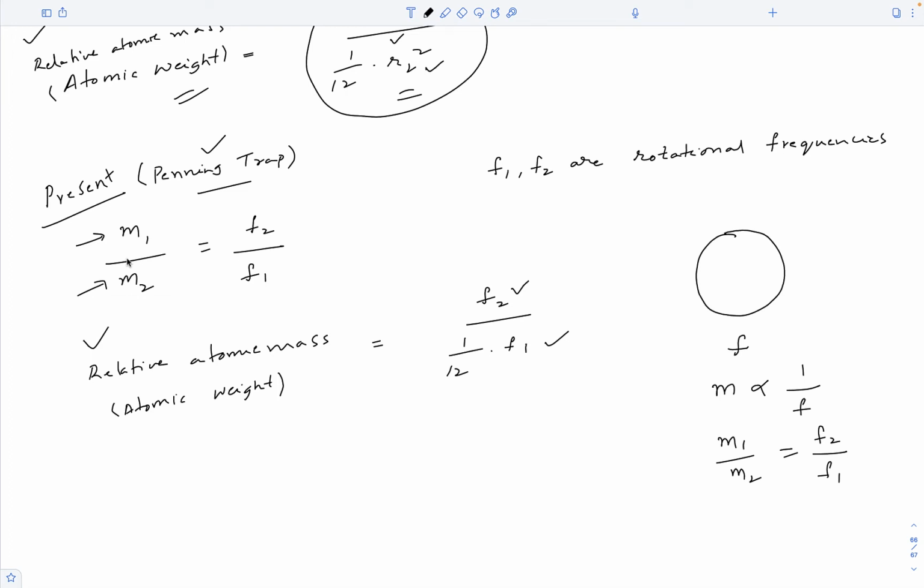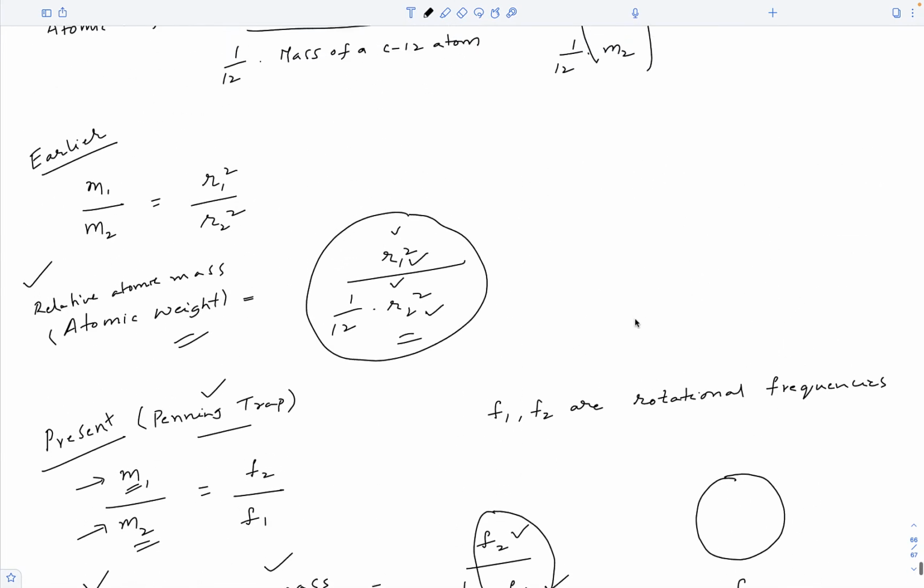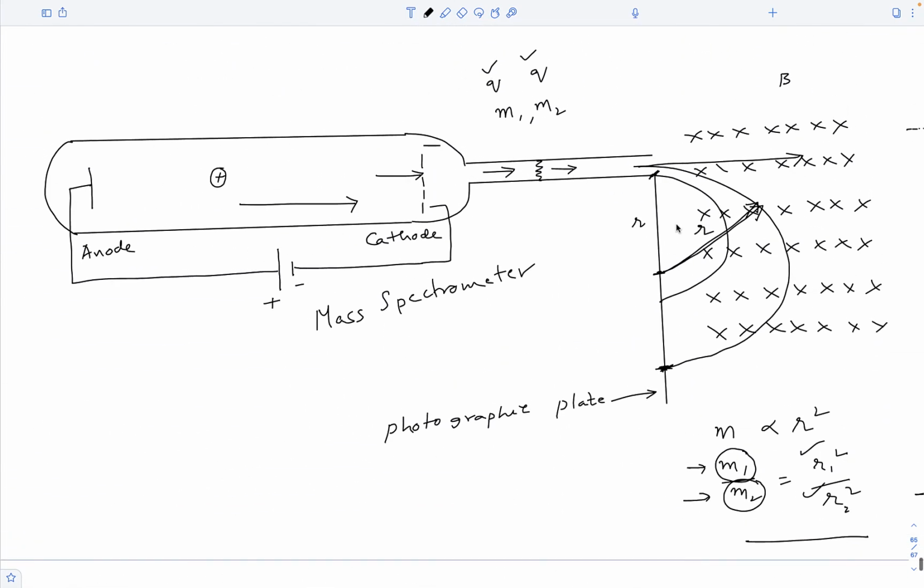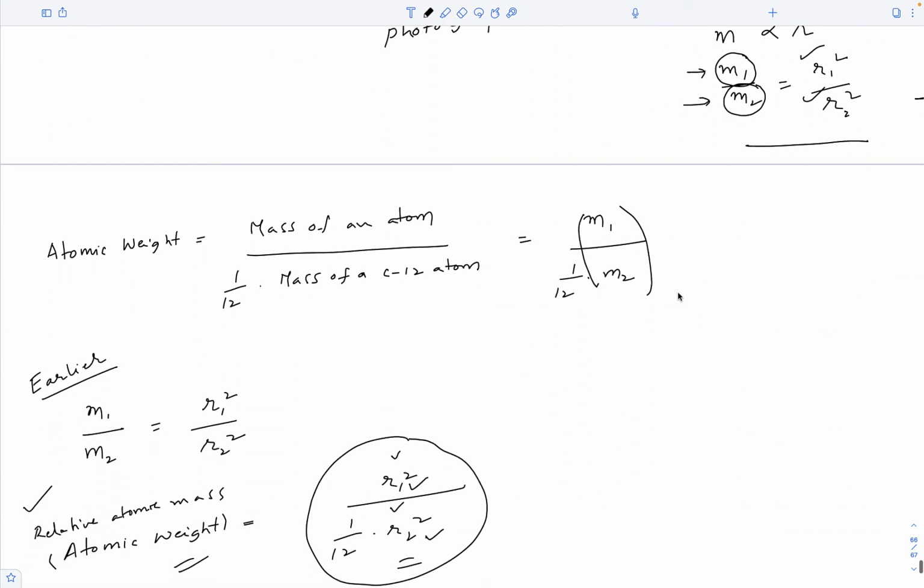I know this is a very oversimplified description of these mass spectrometers, but the point I am trying to highlight here is we determine atomic weights not by measuring their masses separately in kilograms, but by measuring some other property like the frequency of the ion or the radius described by that ion in a magnetic field.